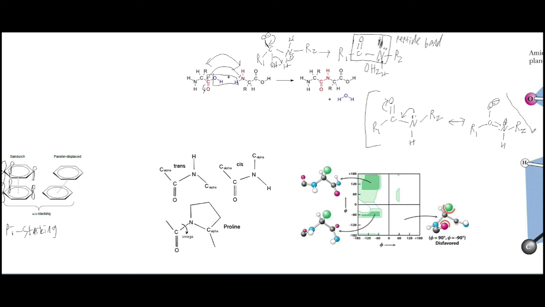These are resonance stabilized. And so we see that there's a slight double bond character here, which prevents this from rotating around. We cannot rotate around that bond, and so what we have are these planes on here. And so we can think of this as kind of like having this plane that's always flat on here.